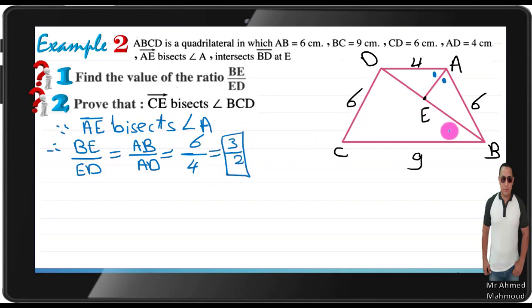So BE equals 3 units, 1, 2, 3, and ED equals 2 units.